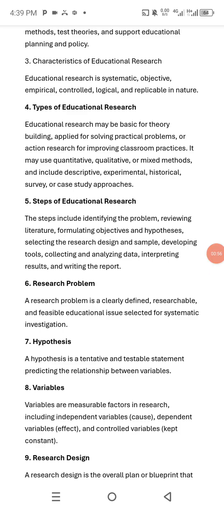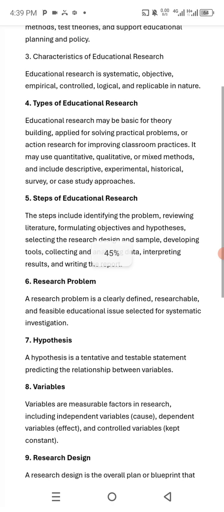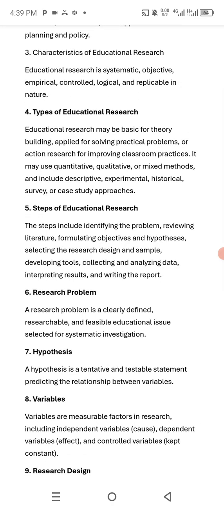We're going to be looking at types of research as we know in education. Now, educational research may be basic for theory building, as you can see. I'm talking about building theory, applying theory, right? You apply it for solving practical problems, or action research for improving classroom practices.